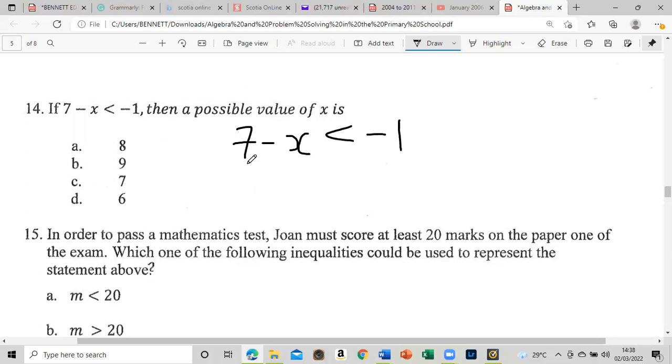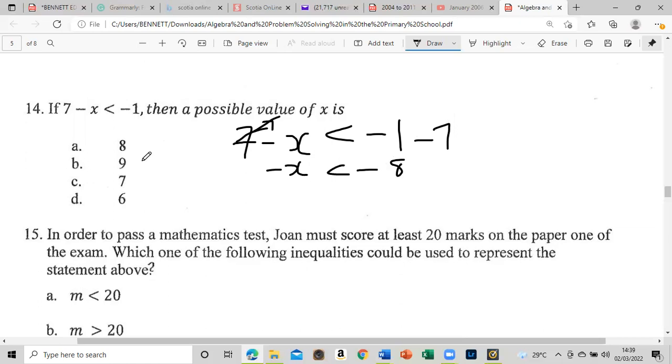All right. So what we want to do, we want to isolate x. We want to get x by itself. So first, get rid of this 7 by subtracting 7 from both sides, right? So we take the inverse. So we have negative x, and this gives us -1, and that gives us -8.